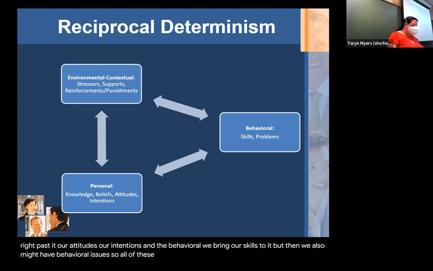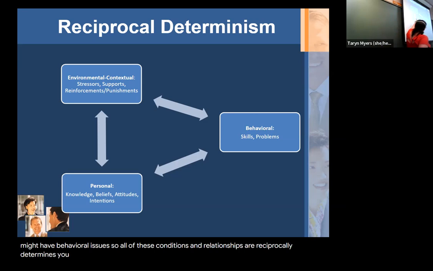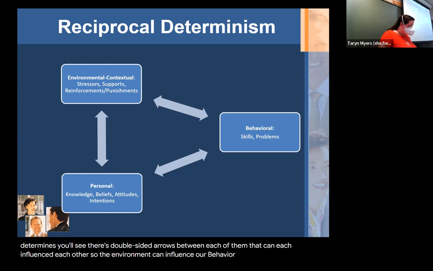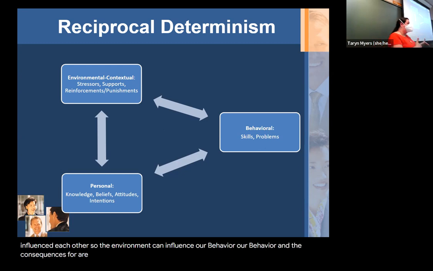So all of these conditions and relationships are reciprocally determined. You'll see there's double-sided arrows between each of them. They can each influence each other. So the environment can influence our behavior. Our behavior and the consequences for it are going to influence our own beliefs and cognitions.